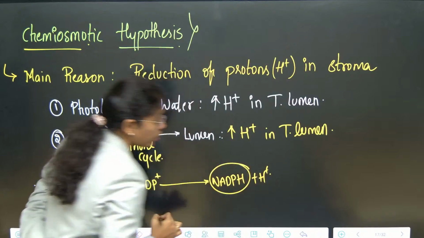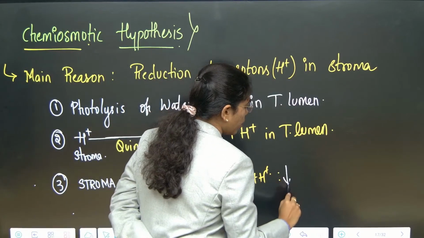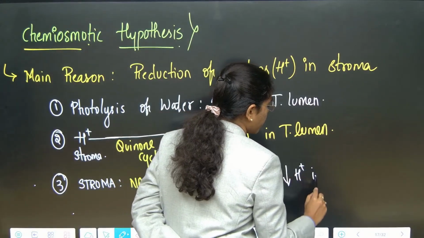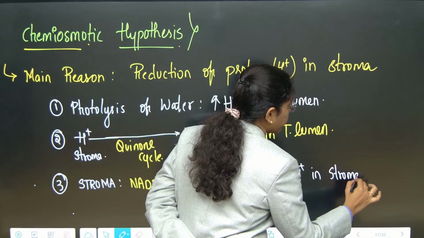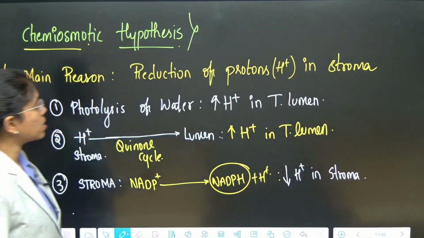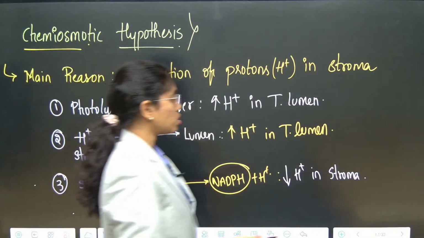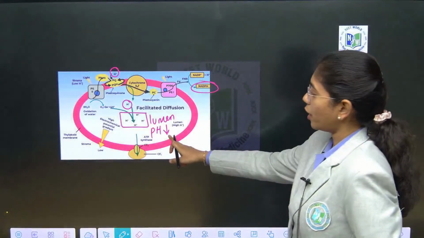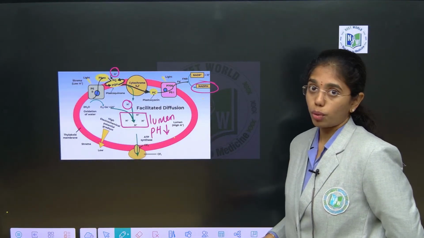This reduction to NADPH is again reducing the proton concentration in stroma. These are the main reasons for increase in proton concentration inside the thylakoid lumen and reduction in proton concentration inside the stroma. Fine, right?